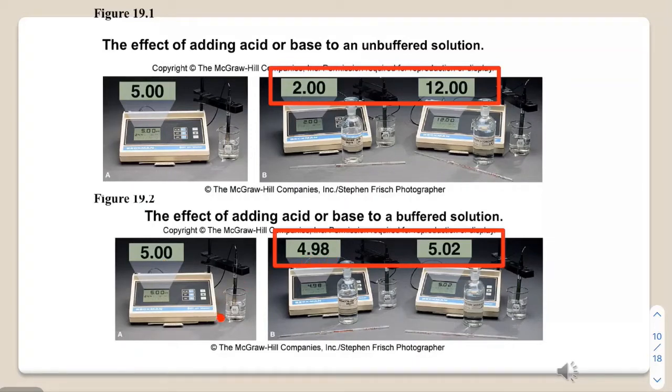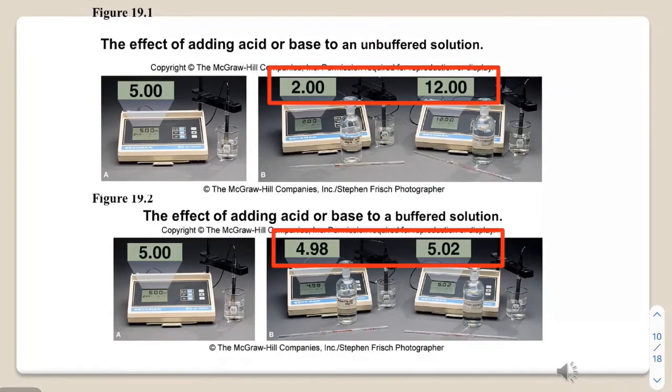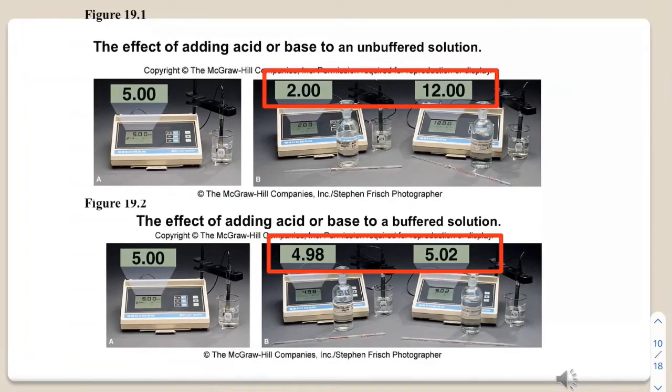For the same buffer solution, when it is added with a small amount of strong base, the pH increases, of course, but only by 0.02, so from 5 it increases to 5.02. They are being added with the same amount of the same acid and base. However, look at the difference in what happens to the pH of the solution.